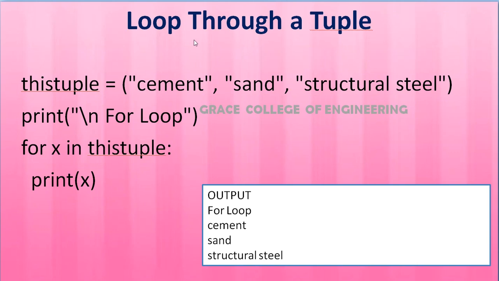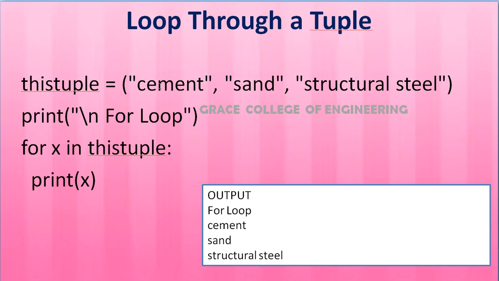Then loop through the tuple. This tuple is equal to cement, sand and structural steel. Print, for loop. Here x is a variable. Here I have given the name x; you can give any name for this. for x in this tuple colon, then print x.